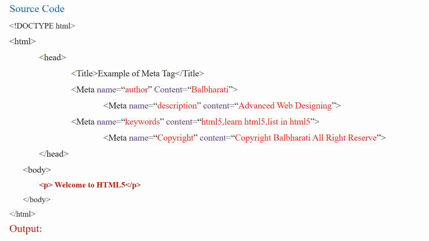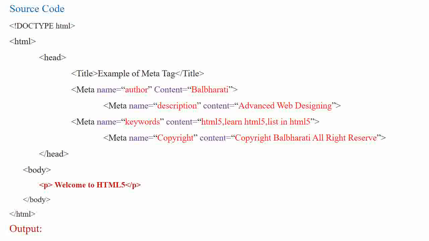Meta tag name equal to description, content equal to advanced web designing. Closing of meta tag. Meta tag name equal to keywords, content equal to HTML5, learn HTML5, list in HTML5. Closing of meta tag. Meta tag name equal to copyright, content equal to copyright Bal Bharti, all rights reserved. Closing of meta tag. End of head tag.